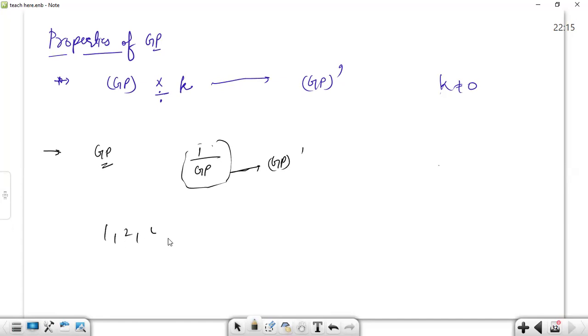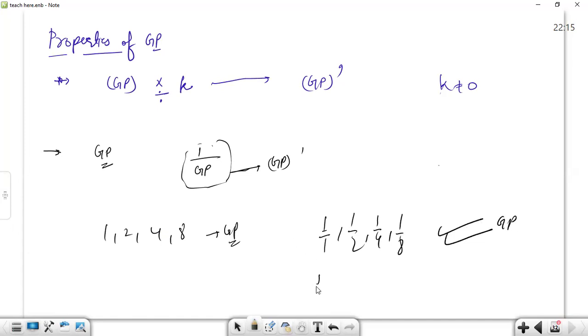Let's say 1, 2, 4, 8 is a GP. We write 1 by 1, 1 by 2, 1 by 4, 1 by 8. This is also in GP. Let's check how. 1 by 2 divided by 1 should be equal to 1 by 4 divided by 1 by 2, and 1 by 8 divided by 1 by 4.